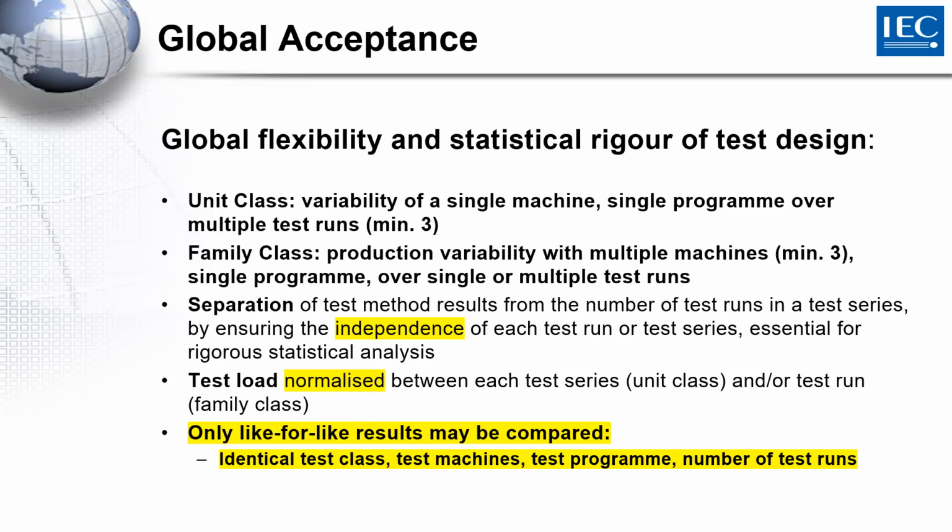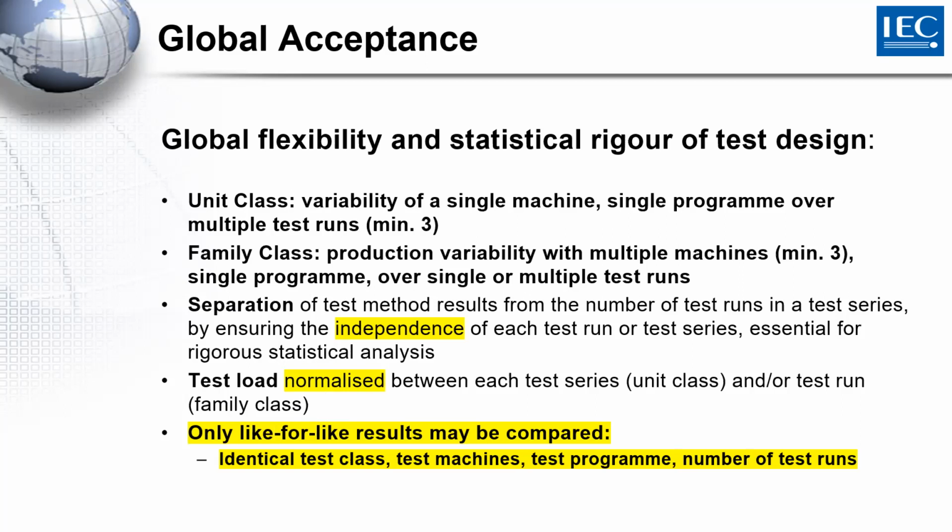So the test load is normalized between each test series in the unit class and/or test runs in a family class. We either have a test series without normalization between the runs of a particular number of runs, and then a repeat test series must go back to the same initial conditions as that test.